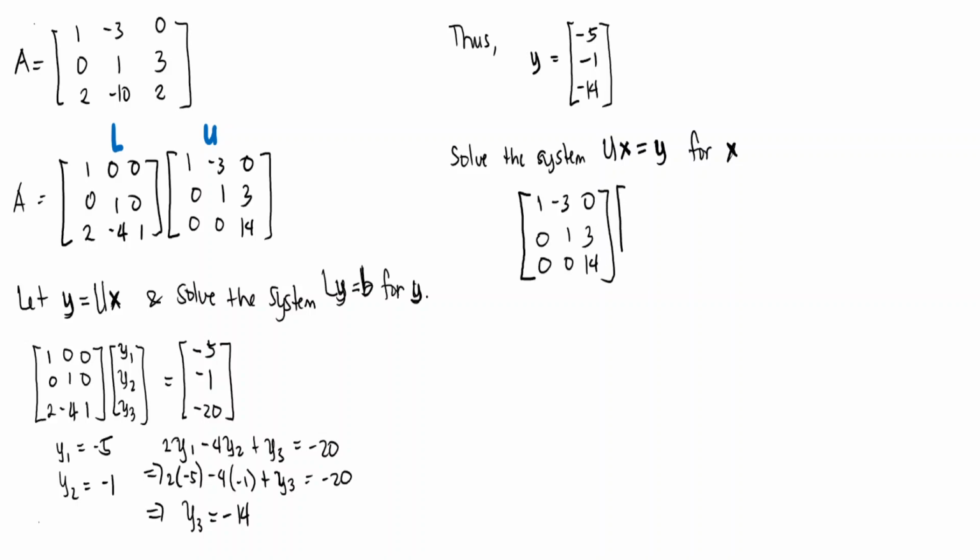We multiply by the unknown x, which we let be x sub 1, x sub 2, and x sub 3, which is equal to our y, which is -5, -1, -14.